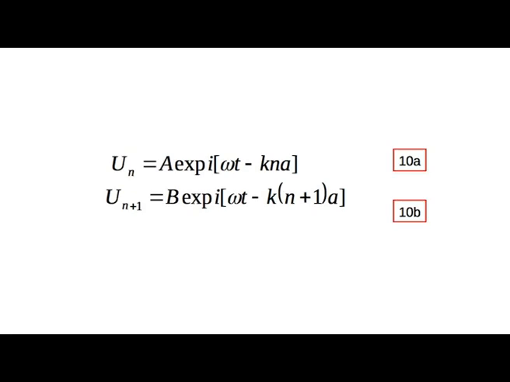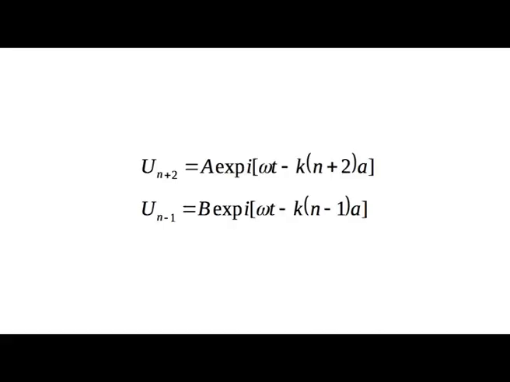And what we did there, we assumed a travelling wave solution for the expression, and if you remember, UN is equal to A exponential i omega t minus k n a, and UN plus 1 is equal to B exponential i omega t minus k n plus 1 a.